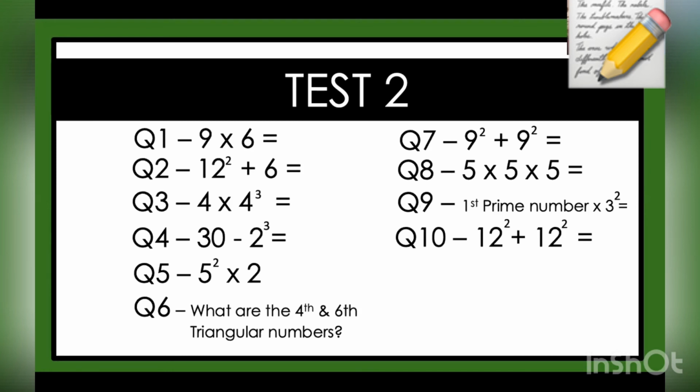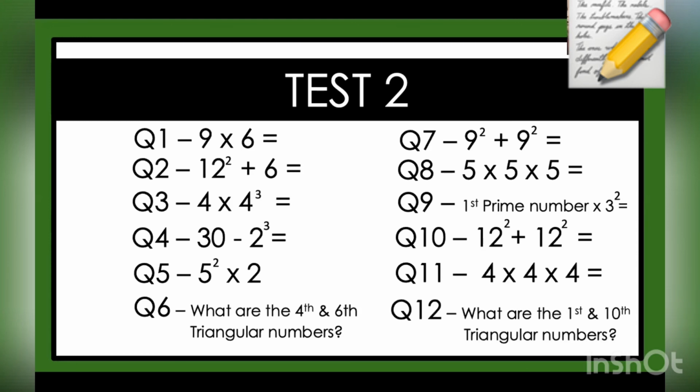Question 11, 4 times 4 times 4. Nearly there. And finally, question 12, what are the 1st and 10th triangular numbers?